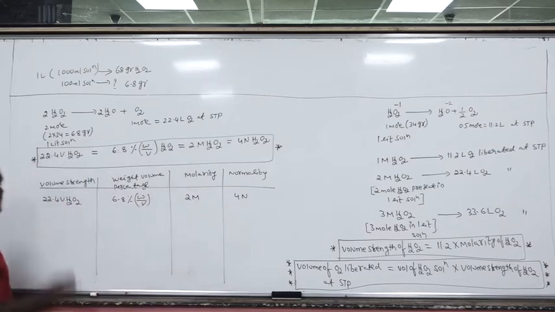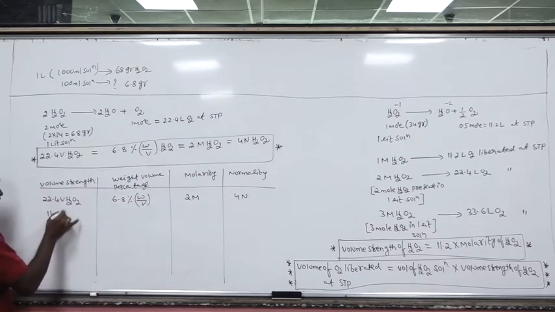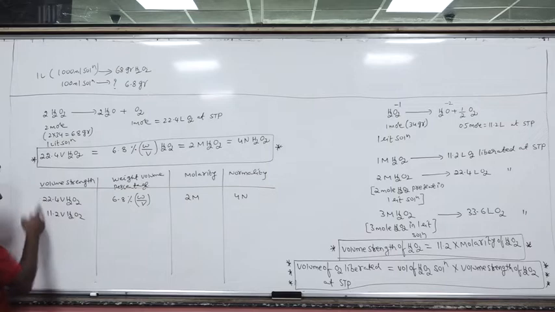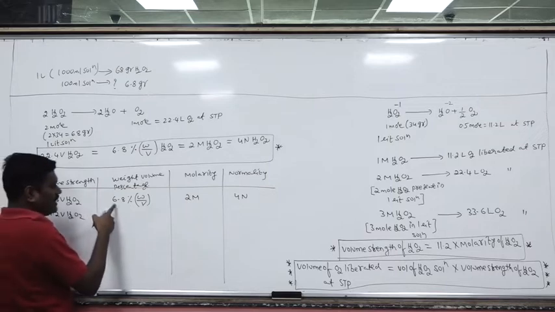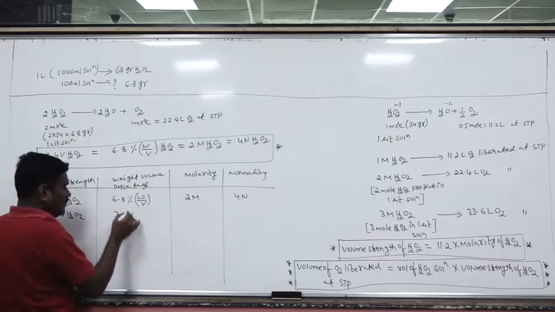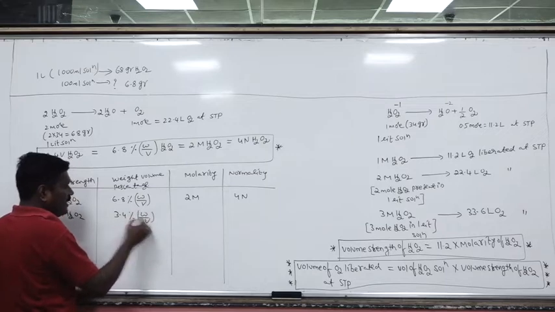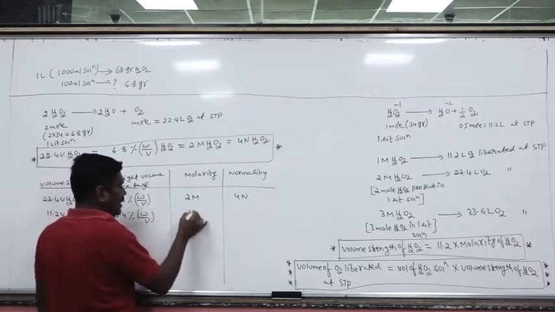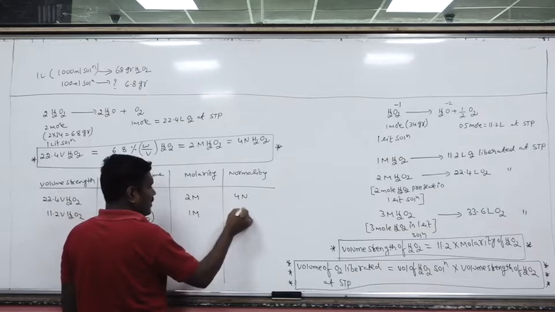Okay, let's suppose I have 11.2 volume strength of H2O2, that means half. So here weight volume percentage gets halved, that is 3.4% W by V. Here molarity gets halved, 1 molar. Here normality gets halved, 2 normal.